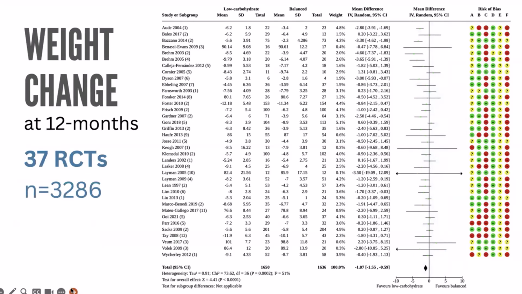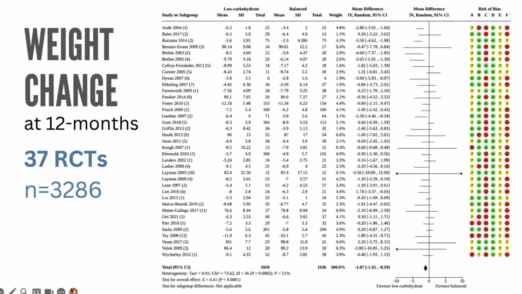So in this case, we have weight change at 12 months, 37 randomized trials. If you see this meta-analysis in a Cochrane review, you might be tempted to rate down by risk of bias. You might be tempted to rate down by inconsistency. But if you think about it, both the high risk of bias trials and the low risk of bias trials are suggesting no important effect.